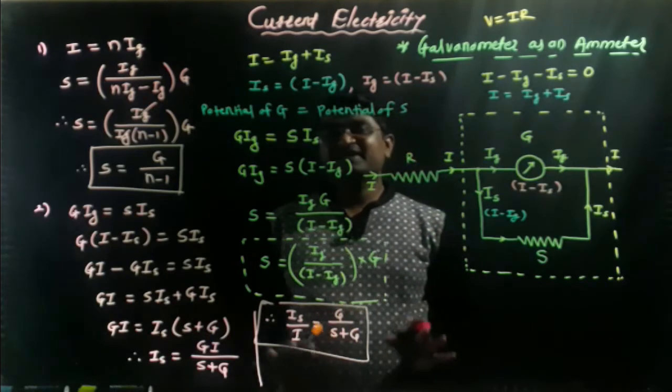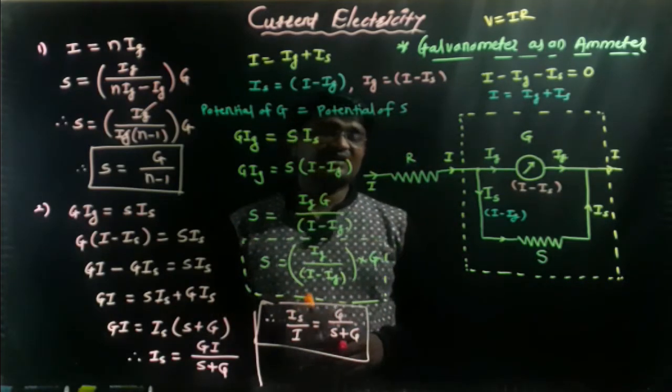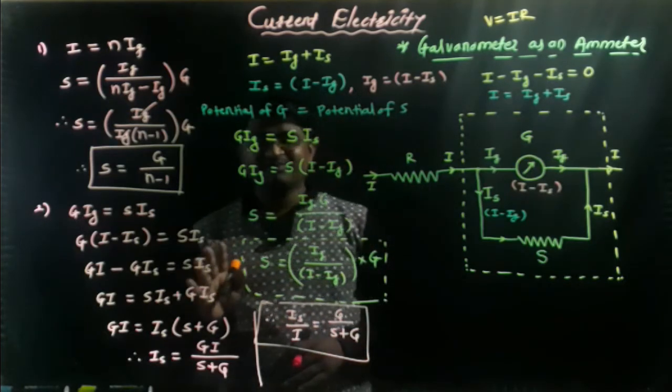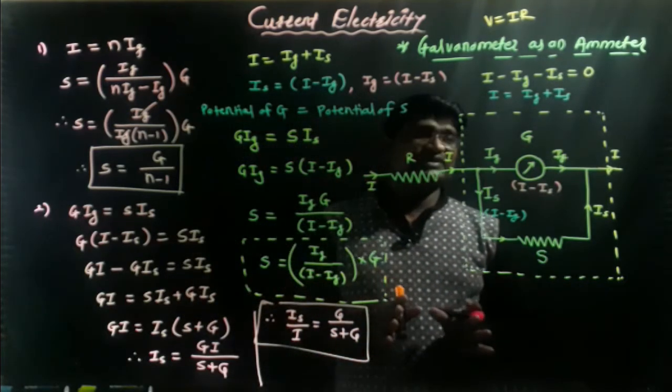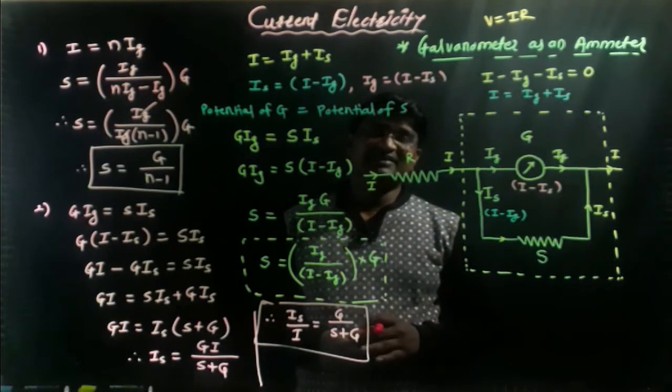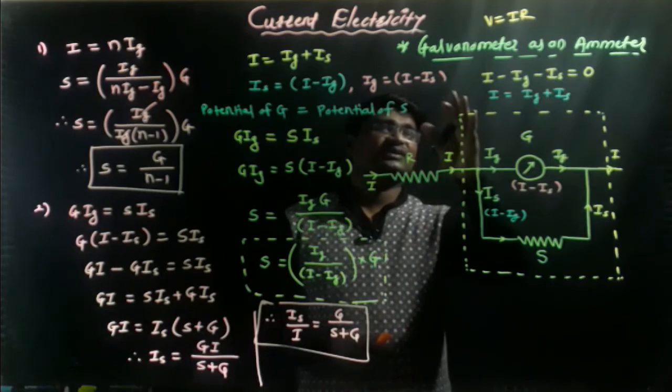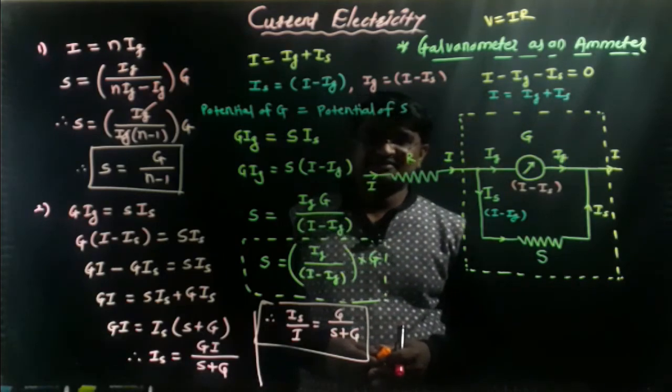This is a very easy and simple concept of a galvanometer working as an ammeter. I think you remember that, and you can experience with the help of a galvanometer that it is easily converted by a very small modification into an ammeter.